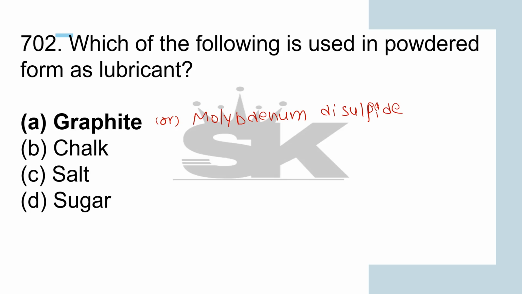Okay. So these two are the main dry lubricants. Okay, they offer lubrication at temperatures higher than liquid and oil-based lubricants operate. And dry lubricants are often used in applications such as brakes or dry lubricated bearings.